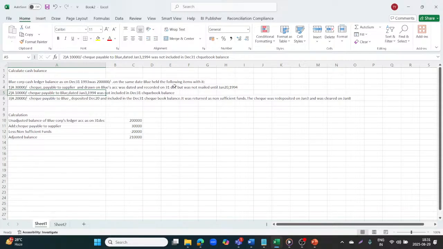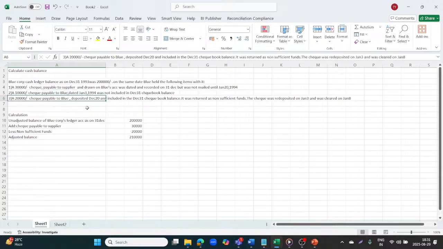We are recording till 31st December, because the balance was given till 31st December. This check was dated on the next year, January 3rd, and was not included in December 31st. So we'll not include this 10,000 in this current year, we'll include it in the next year.